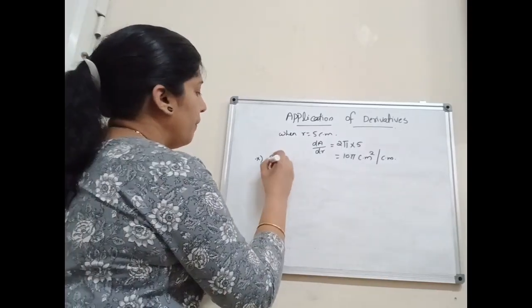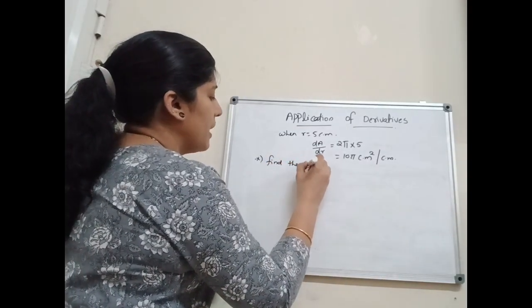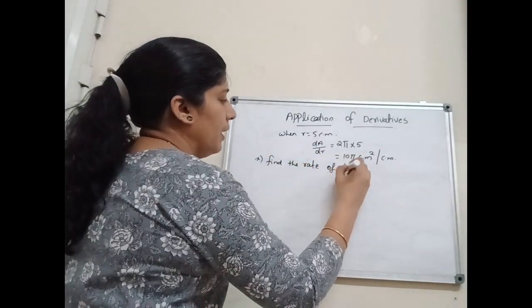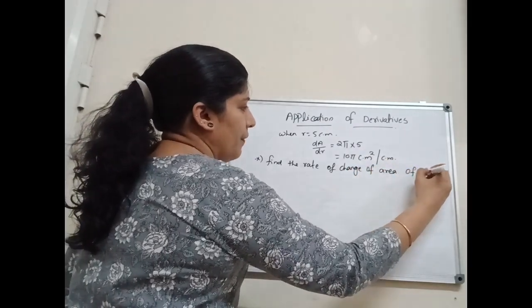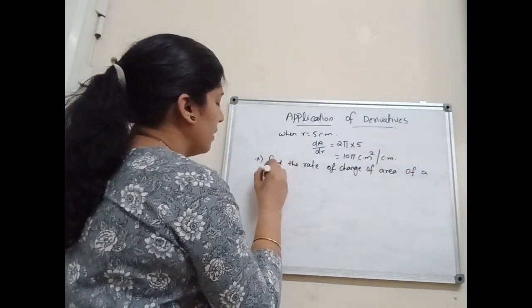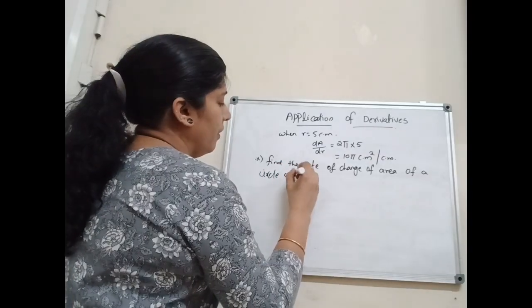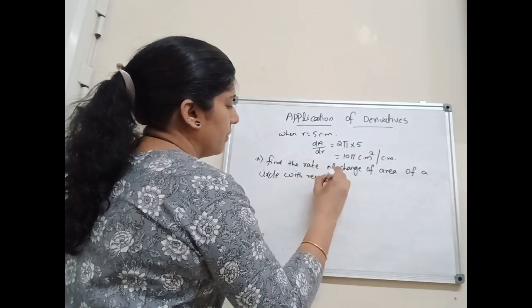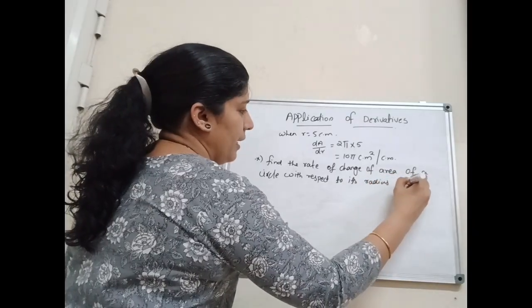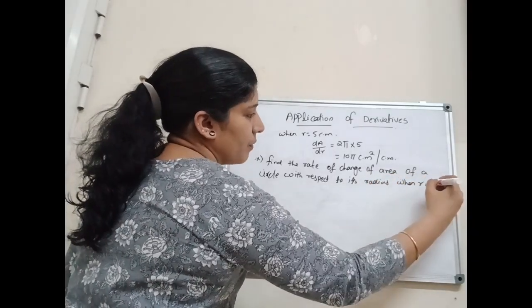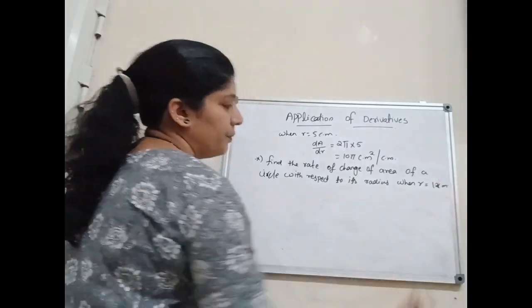Next question. Find the rate of change of area of a circle with respect to its radius when radius r equal to 12 centimeter.